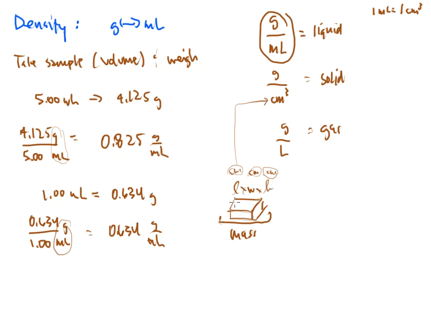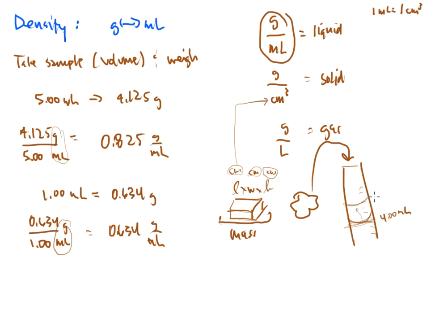If it wasn't a regular shaped object, let's say it was an irregular shaped object, and it's just a big old clump of something, you will still need the density for it, right? So you would take something like a graduated cylinder, and you would fill it full of some water. And let's say that water, the bottom of the meniscus here, starts on the 4 milliliter line. You would take that clump and put it into the graduated cylinder, and this would basically raise the water level a little bit.